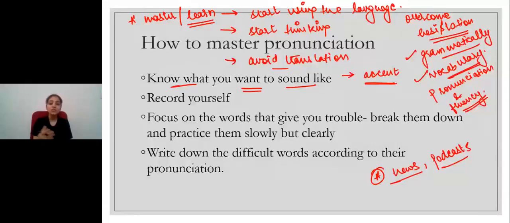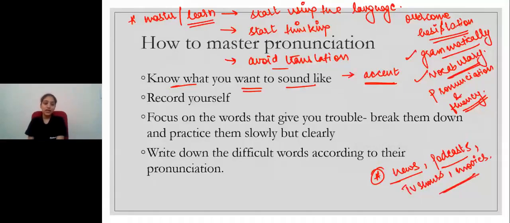If you are from arts, you can listen to topics that interest you. Topics will vary according to your own interest. Further, you can watch TV shows and movies in the English language. So these are certain ways in which you can use the language.